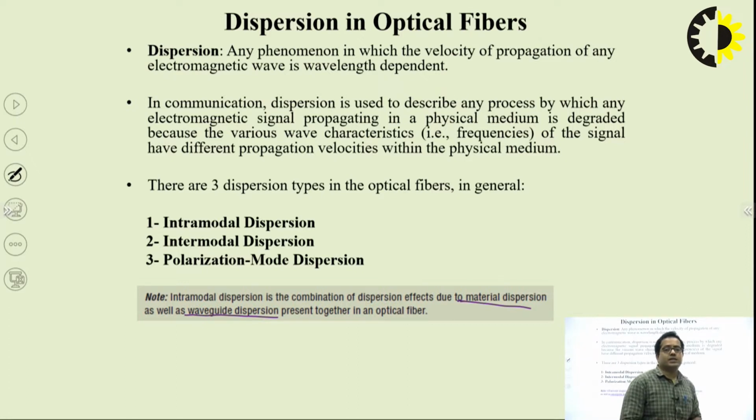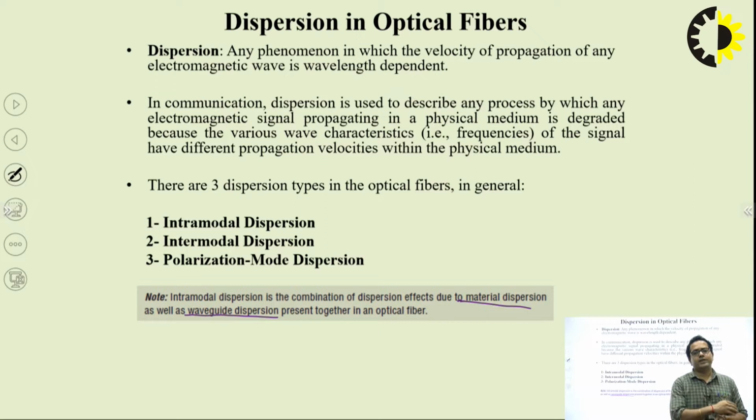Now, material dispersion occurs because the light enters the optical fiber with the help of an optical source, and the optical source has different colors. These different colors, as they propagate through the optical fiber, encounter a refractive index, so the different colors emitted will travel with different velocities, as each wavelength behaves in a different way for a particular refractive index of the fiber.